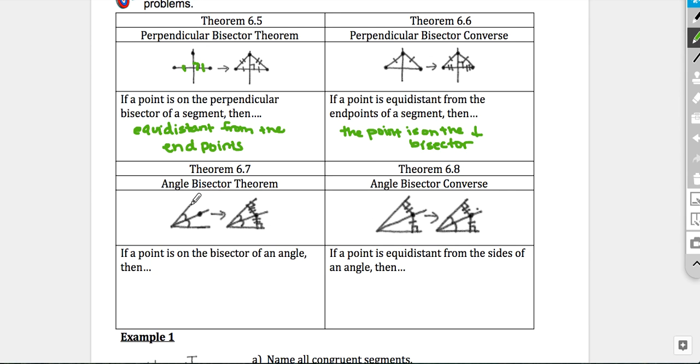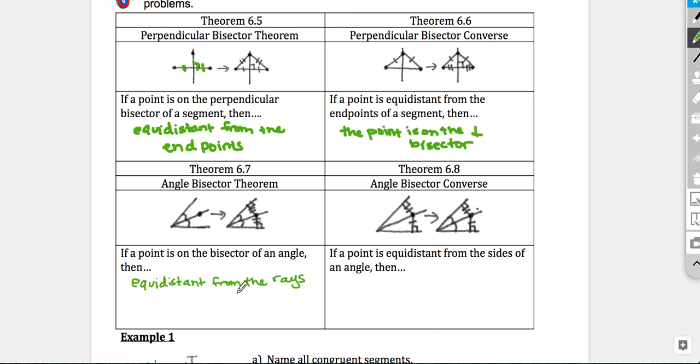So now let's look at our angle bisector theorem. If a point is on the bisector of an angle, so it is on the bisector of the angle because the two pieces of the angle that it forms are congruent, so if that's true, then it is equidistant from the rays, or the sides of the angle.